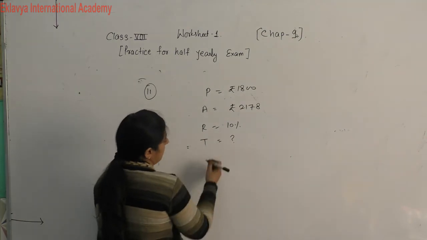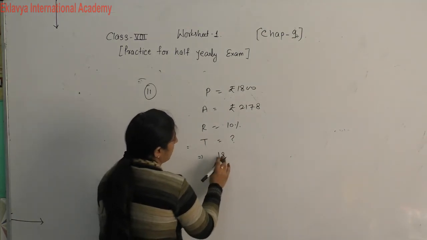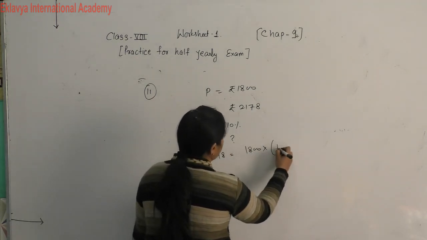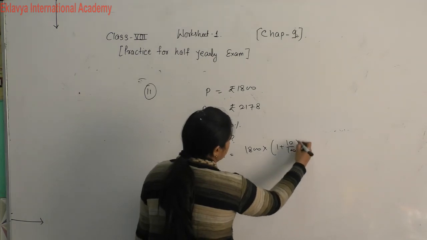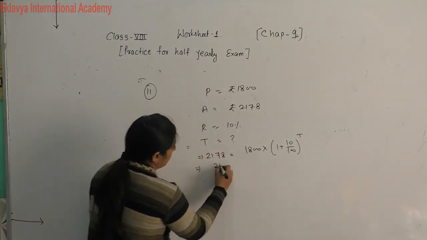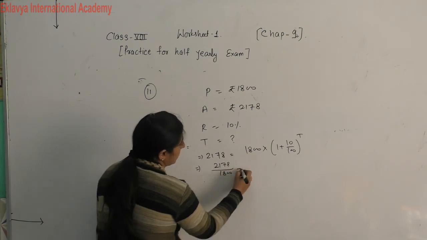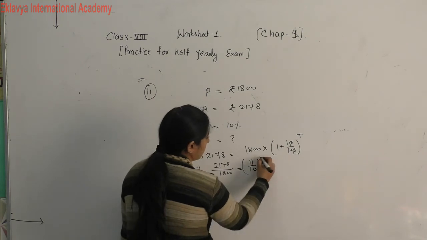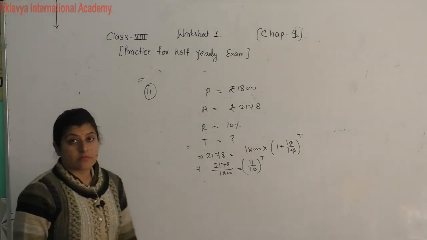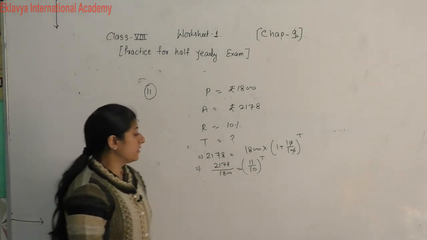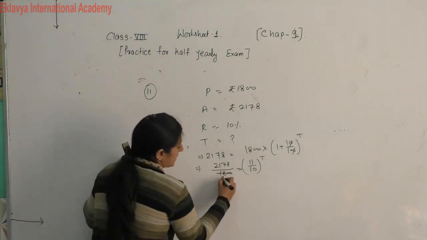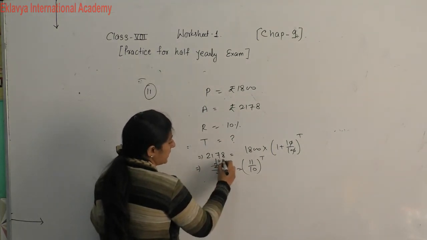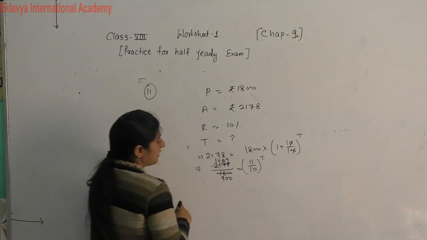Then how to find out? It becomes amount 2178 is equal to 1800 multiplied by 1 plus 10 by 100 power t. 2178 divided by 1800 is equal to, cancel out, 11 by 10 power t. Now solve it, that you can do. Try to cancel out: 2 900, 1 0, 2 8 is 16, 2 9 is 18.